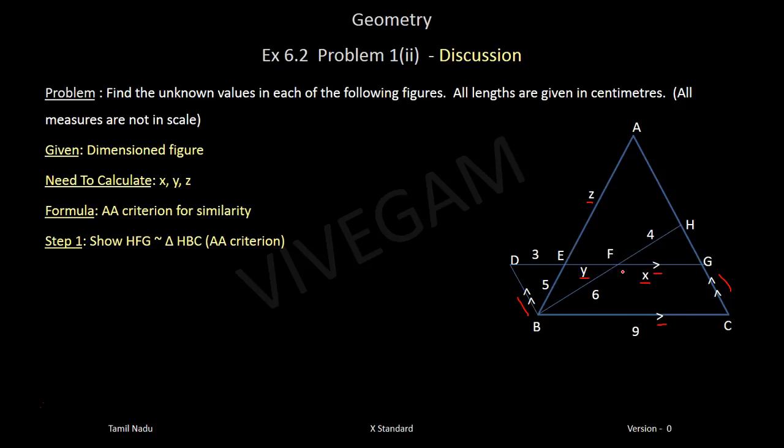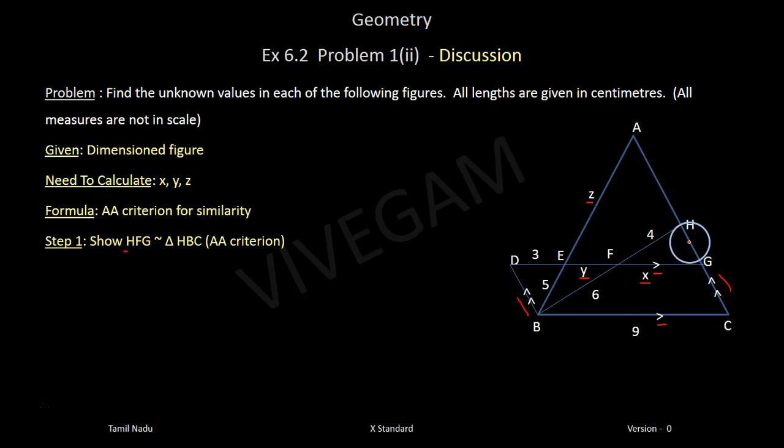Right. Now, show that triangle HFG is similar to triangle HBC. Triangle symbol is missing here. Please add it. I'll do that later. Triangle HFG. So this line is parallel to this line. That is, FG is parallel to BC. As I said, first we'll have to work out on the x. So x is here. So if you look at it, these two triangles are similar. How?